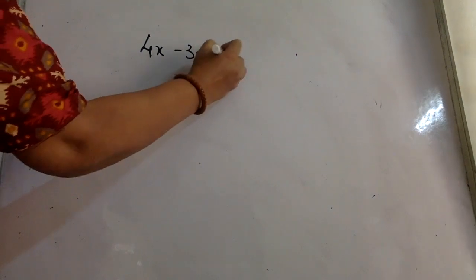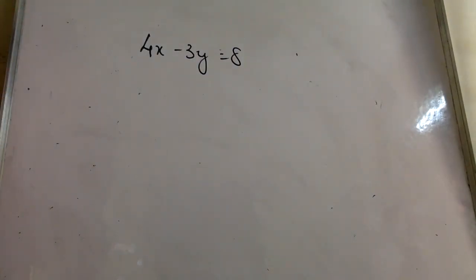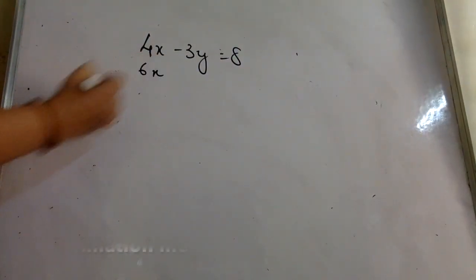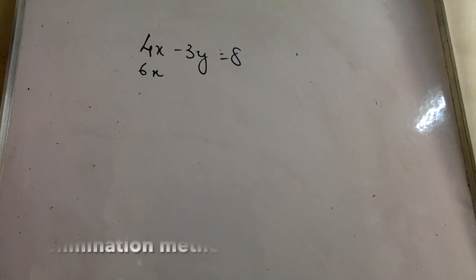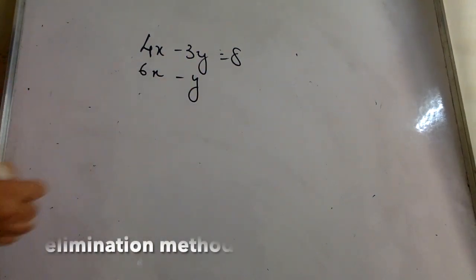Okay, so we are going to take up the process of elimination today. Let's see what exactly elimination is. 4x minus 3y is equal to 8, and 6x minus y is equal to 29 by 3.